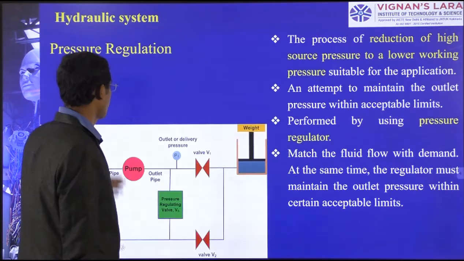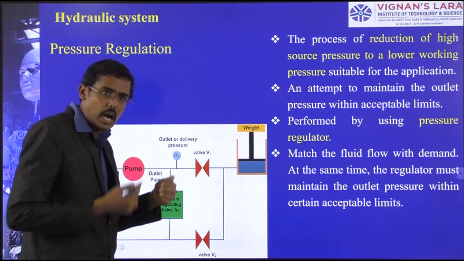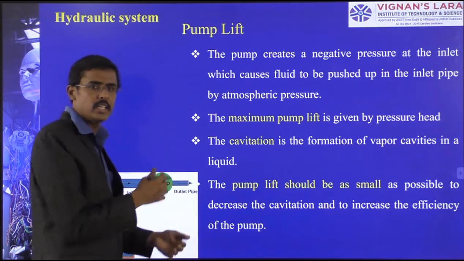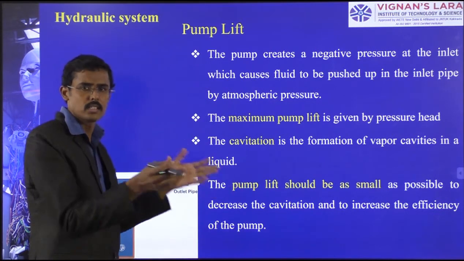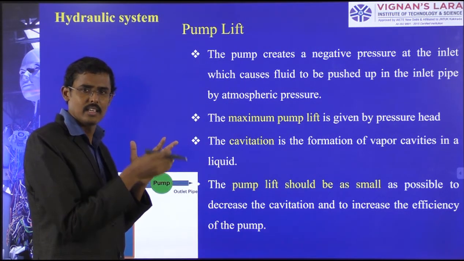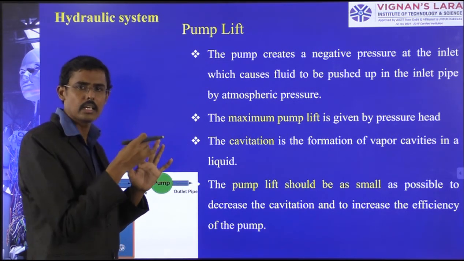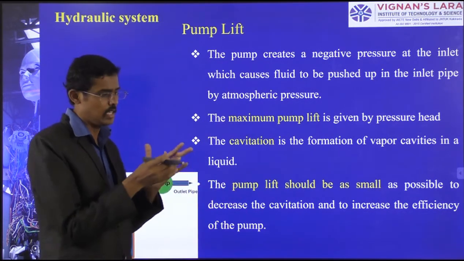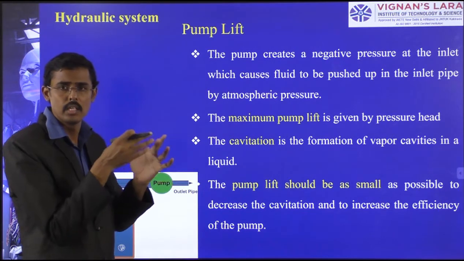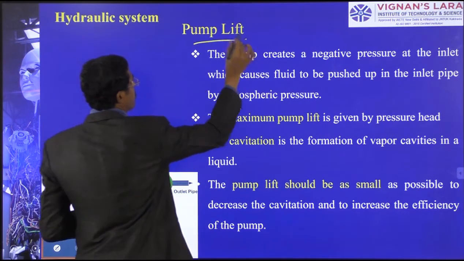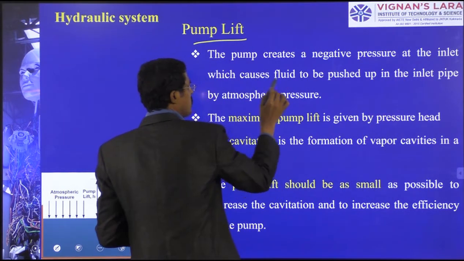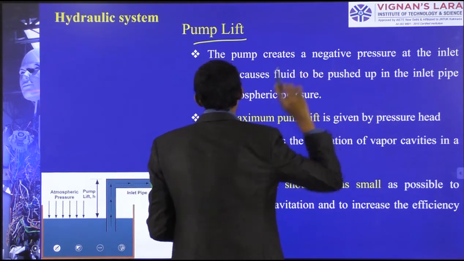So this is how it works. The pressure regulators are next. Out of the entire hydraulic system, we have seen the various parts: tank, pump, regulator, control valve and the cylinder. The tank is simple storage, and then we have seen the pump, centrifugal pump and the reciprocating pump. The pump lift: the pump creates a negative pressure at the inlet which causes the fluid to be pushed up the inlet pipe.